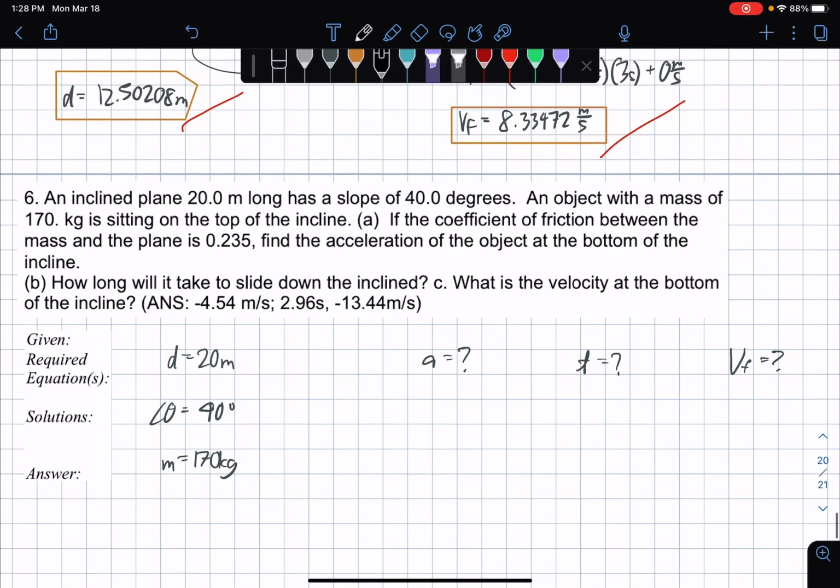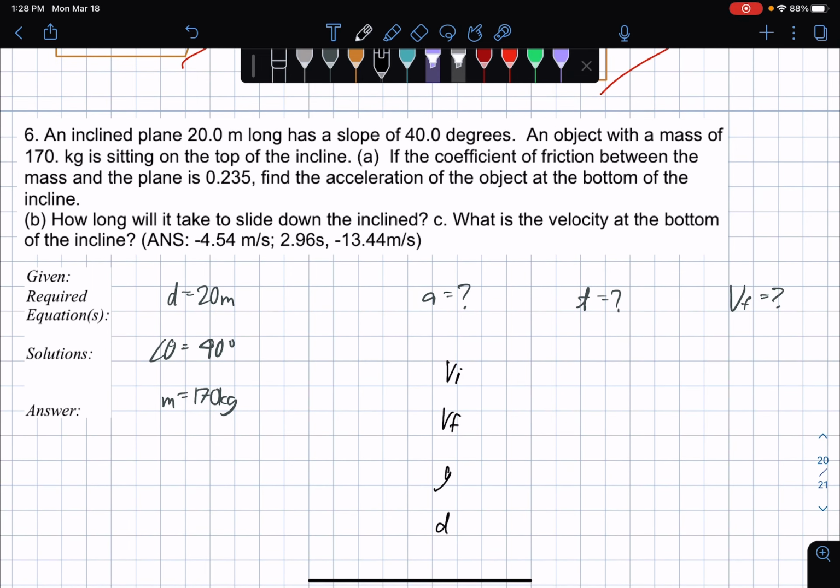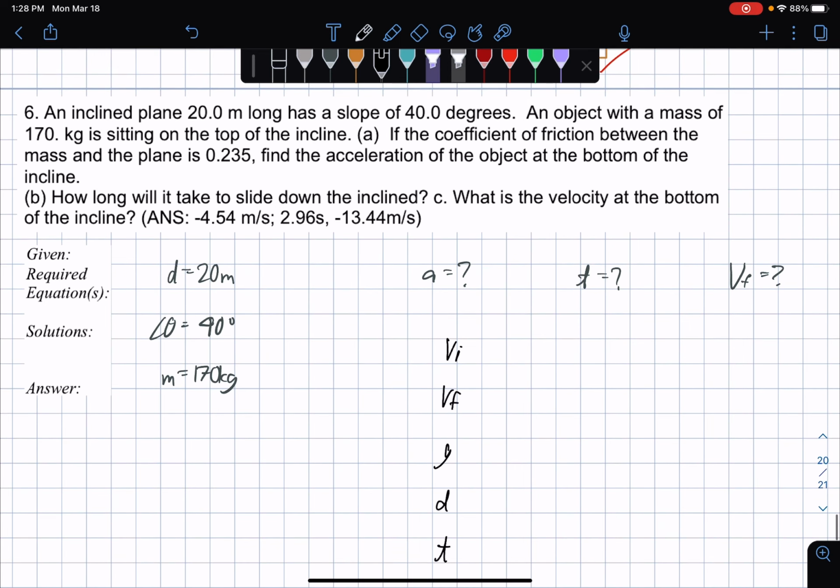Therefore, we bring up the 5 things that are essential in kinematics. We have VI, VF, G, D, and T. But since we're talking about acceleration here, we don't use G, we use A instead.